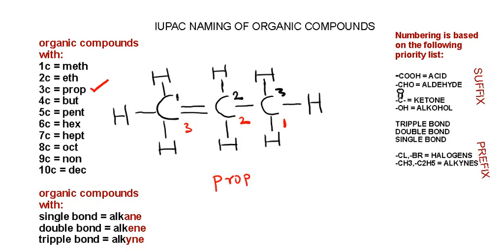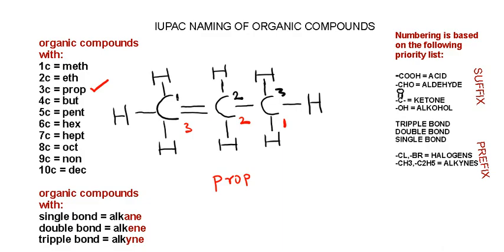The second step is we check for bonds. Which bond do we have in this organic compound? We have 2 bonds here. We have a single bond and we have a double bond. Now, let us look at the numbering based on the priority list.